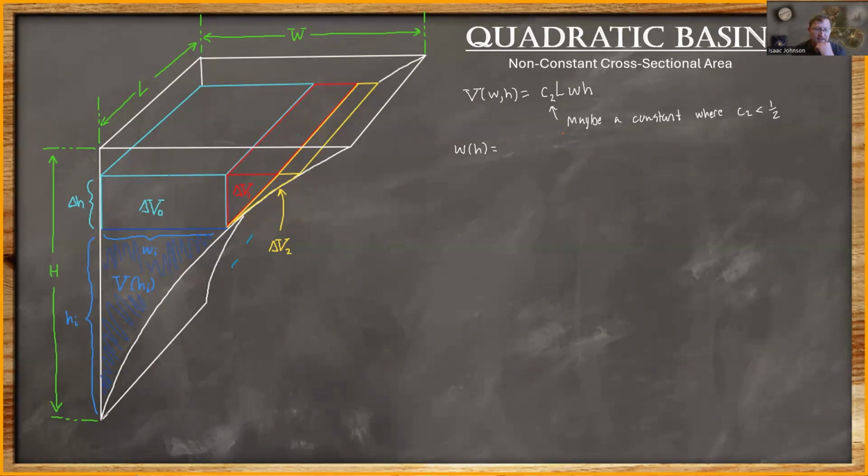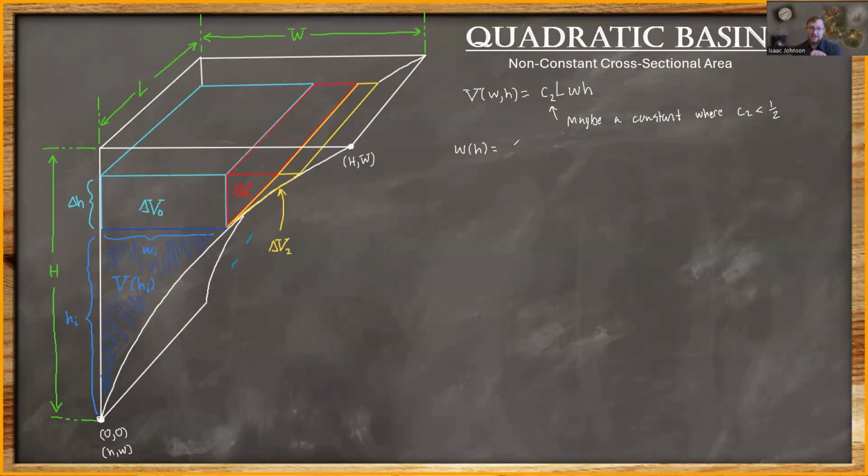So let's use a similar method as before. We start at the origin for our height and width ordered pair, and we end at the same capital H, capital W. What would a quadratic width relation look like?